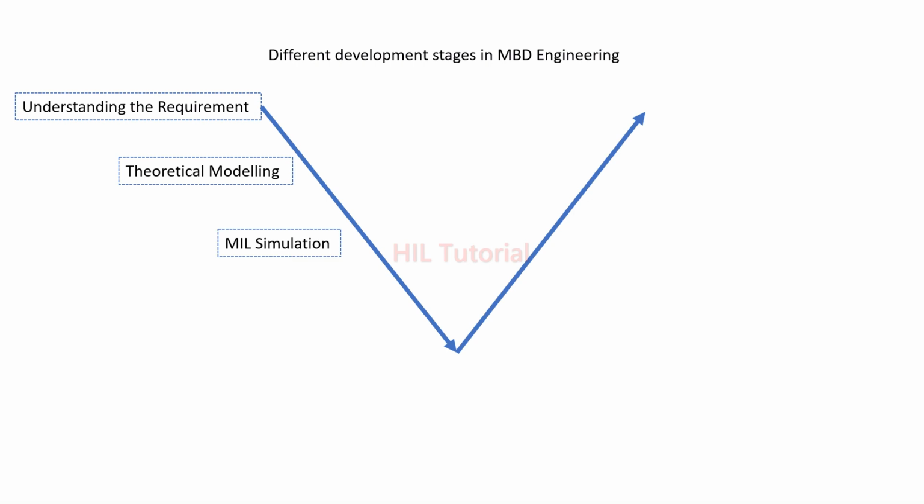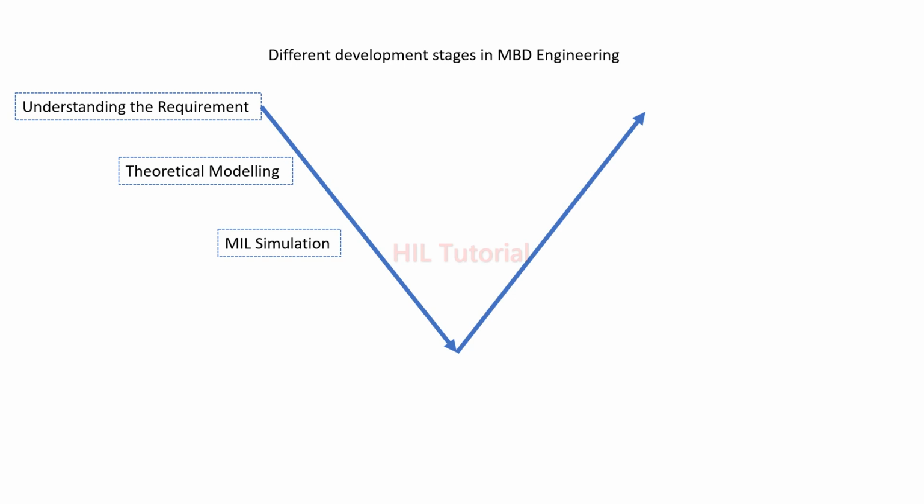Once you have done the modeling part, meaning your equations are ready, then you will go for the simulation stage. The first stage of simulation will be practiced here, and that is the model in the loop testing or model in the loop simulation.